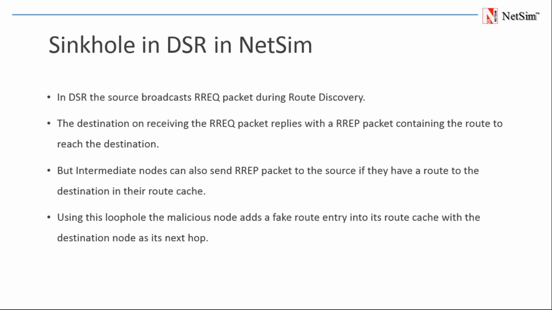But intermediate nodes can also send RREP, route reply packets, to the source. So that is a loophole in this network. Using this loophole, that malicious node adds a fake route entry, and it gets all the data sent by the sources.